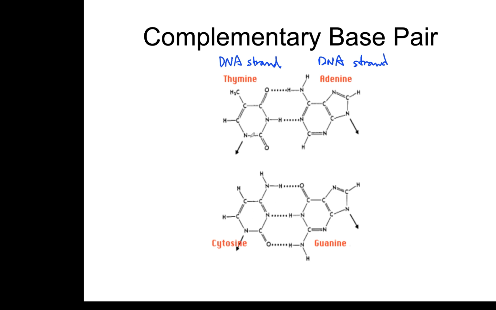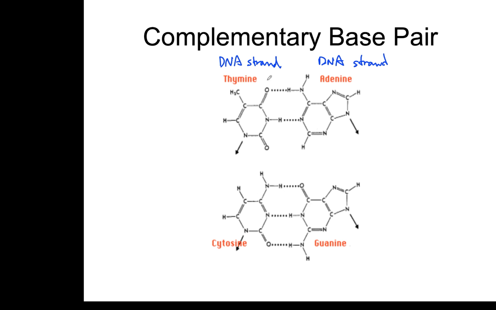Why? Based on their chemical structure, thymine can form only 2 hydrogen bonds. Adenine also can form 2 hydrogen bonds. Guanine and cytosine can have 3 hydrogen bonds. Therefore, thymine cannot have a hydrogen bond with guanine because the number of hydrogen bonds does not make them fit each other.